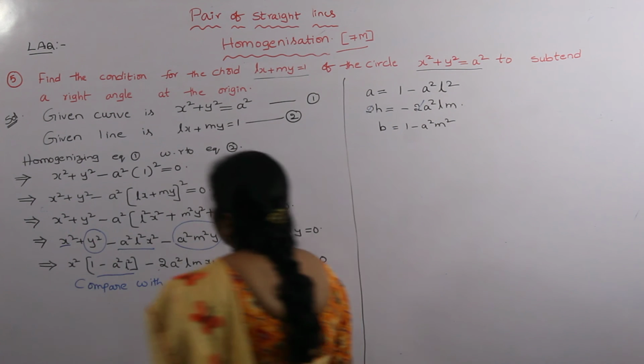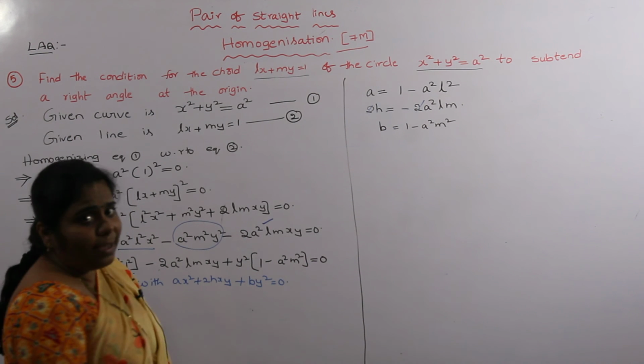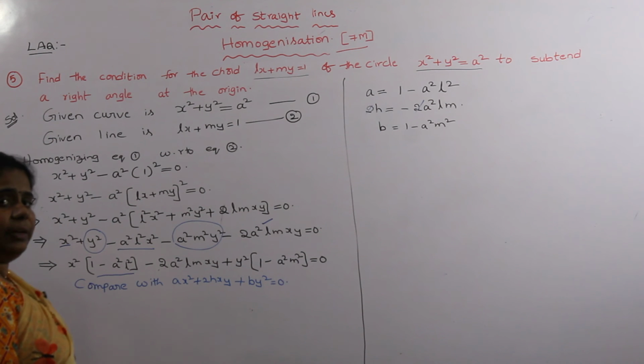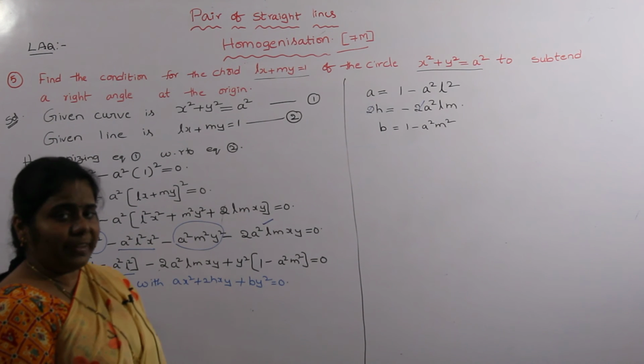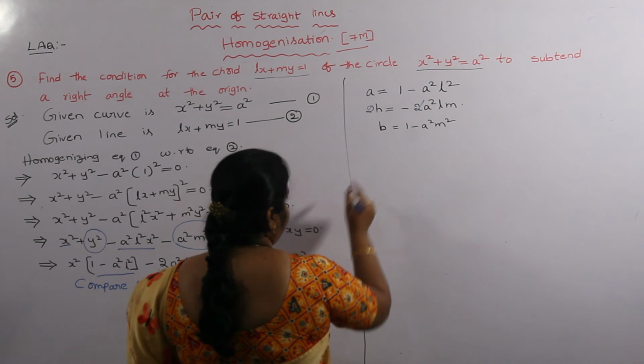Given in this problem, the lines subtend a right angle at the origin. Right angle at the origin means the condition is coefficient of x square plus coefficient of y square is equal to 0. Here we are using this condition.